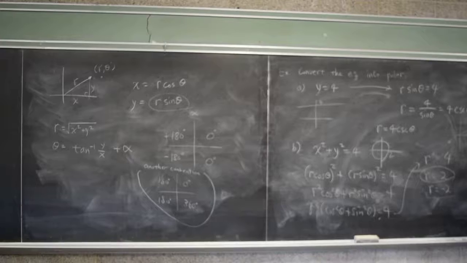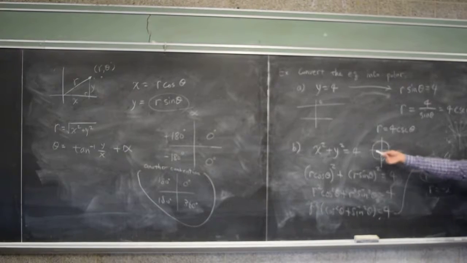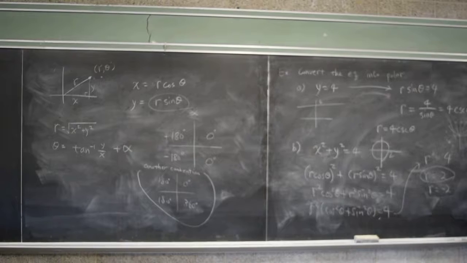Okay? And if you take all the rays and you start plotting the negative 2's, you again get the same circle. So that's another way to say the circle, but just one is enough. So if you convert this into polar, you can just say r is equal to 2.